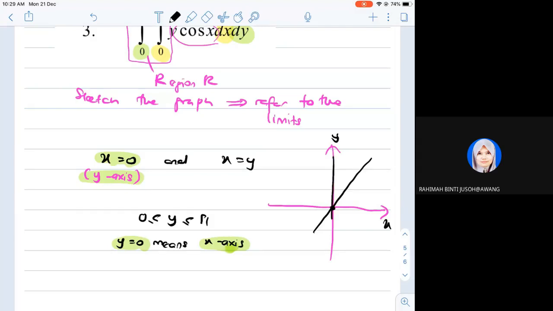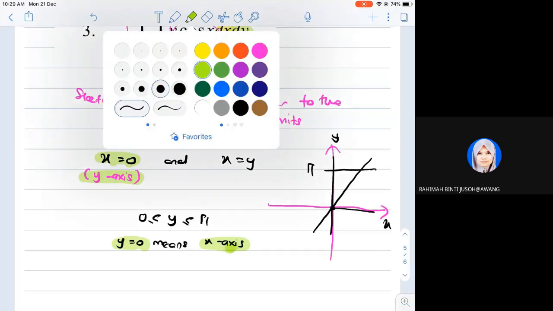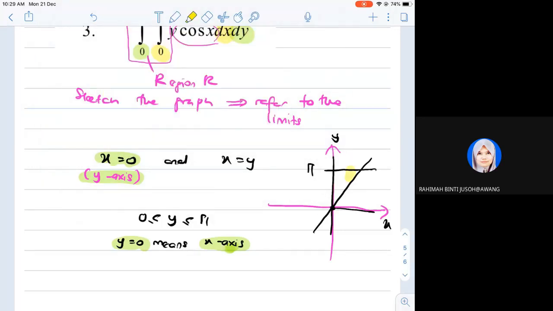This is the y exists. And then we have y from 0 until pi. So y from 0 until pi. Okay, so of course all the bounded region here should be this. Okay, because y until pi. So we will have region R as this.